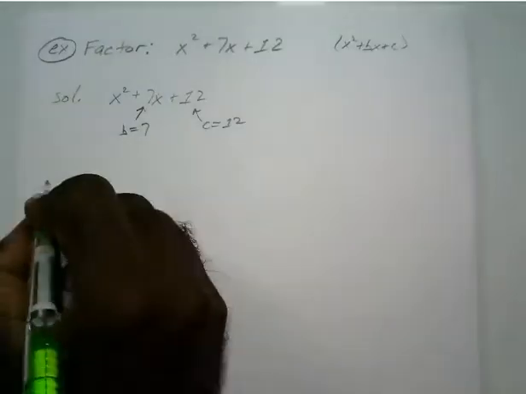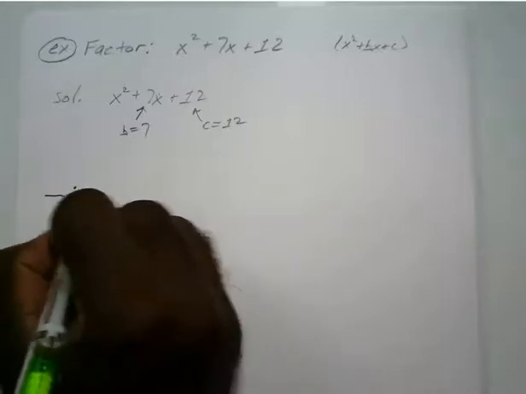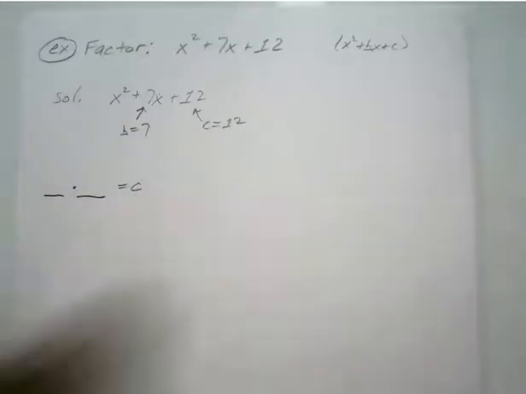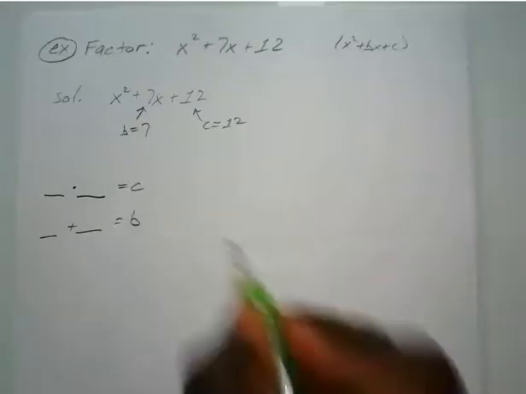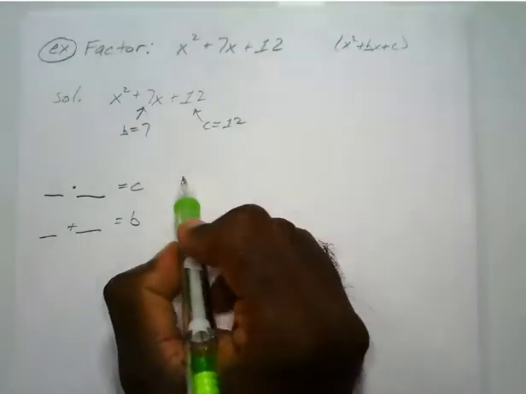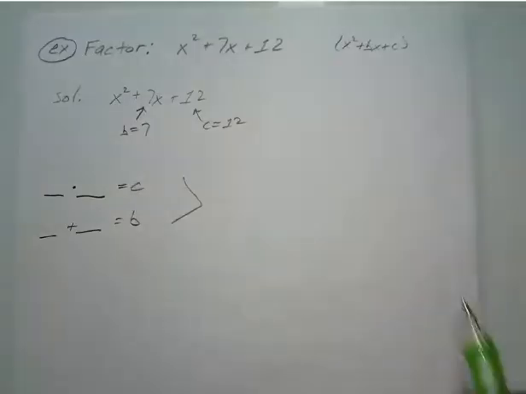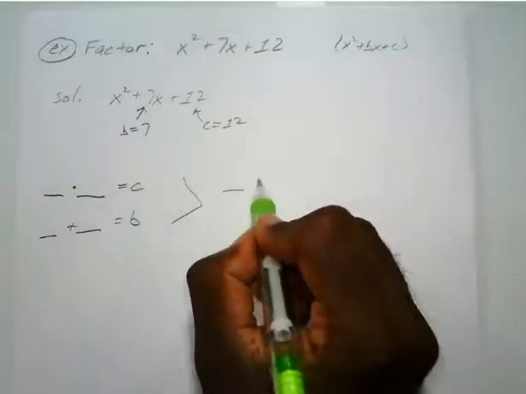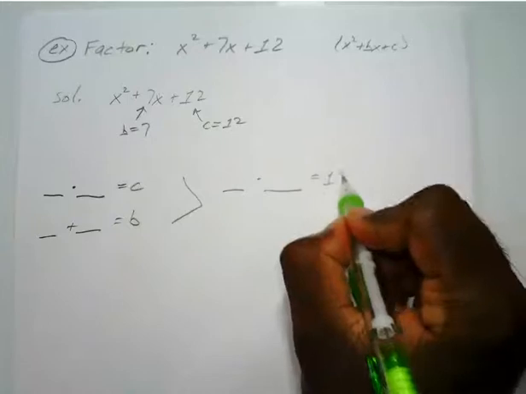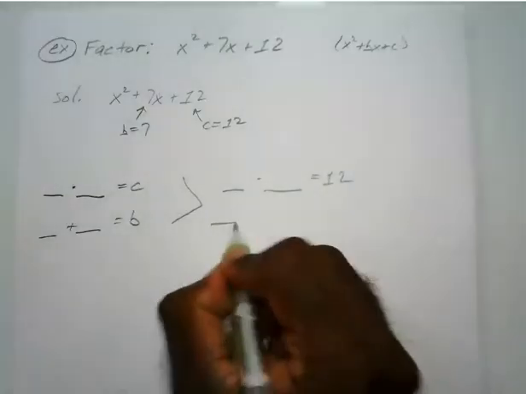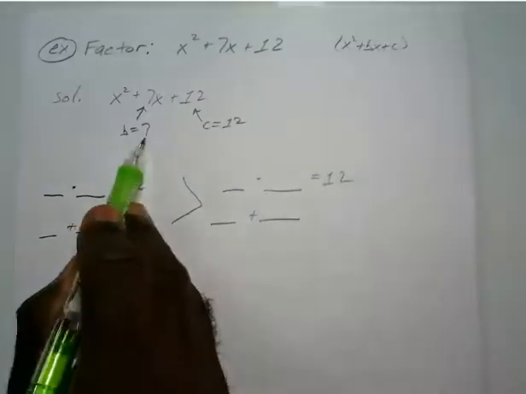That means we have to find two numbers that multiply to equal c, and those same two numbers add to equal b. In this case, we have to find two numbers that multiply to equal 12, and those same two numbers add to equal 7.